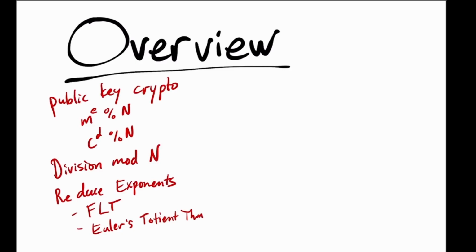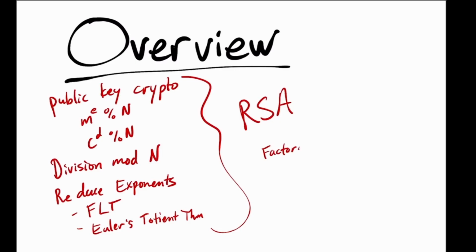Okay, and so when we put this all together, we got RSA, and we saw that encoding and decoding actually work, and we also saw how you could break this with factoring. So if you could factor integers, then you could break RSA. Okay, so that's an overview covering pretty much all of the math needed to understand RSA. I guess the one thing we left out was that primality test, but I encourage you to look it up on your own.